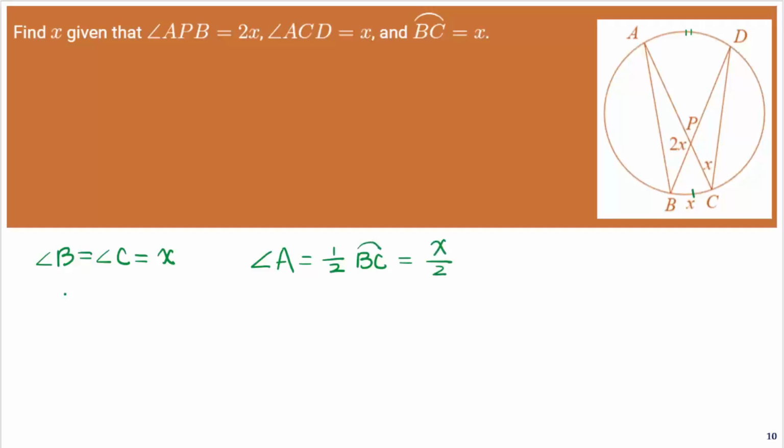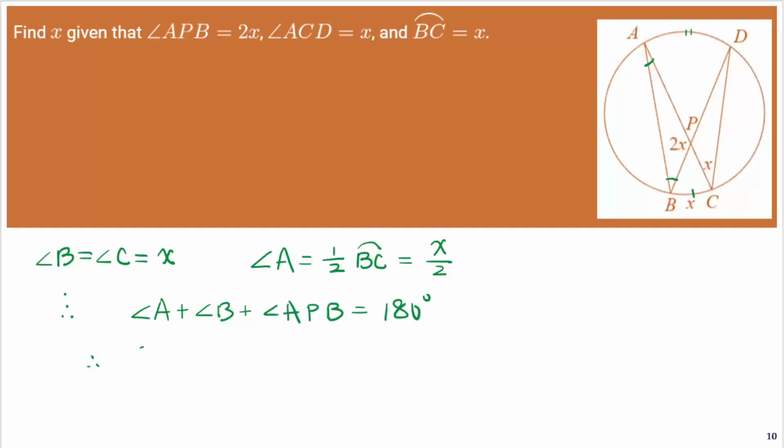So that means we have solved A in terms of x, we have solved B in terms of x, we also know this angle is 2x. Therefore, we have the sum of the three angles A, B and APB must equal 180 degrees, right?